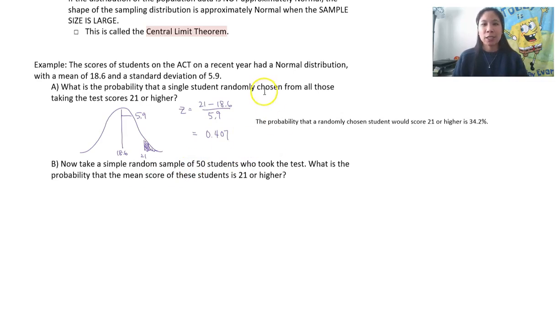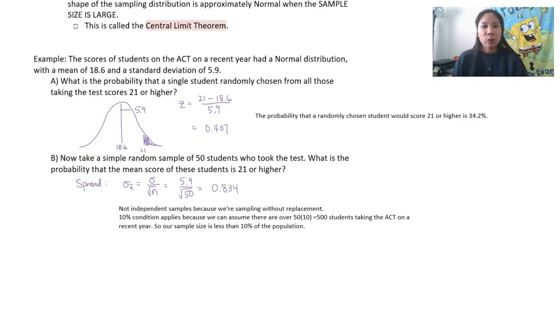Because my population data was already normally distributed, my sampling distribution is also going to be normal. For the spread of our sampling distribution, we would use our sampling distribution formula, which is the standard deviation over the square root of n. When I do that, I get 0.834.